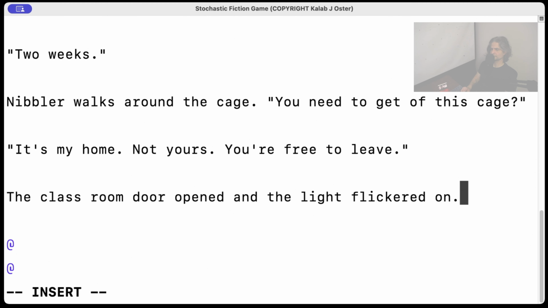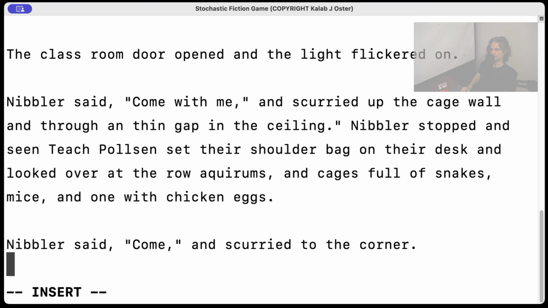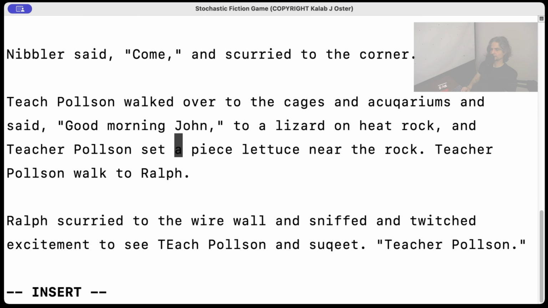The classroom door opened, and light flickered on. Nibbler said, "Come with me," and scurried up the cage wall through the thin gap in the ceiling. Nibbler stopped and, seeing Teacher Polson set their shoulder bag on their desk, looked over at the row of aquariums and cages full of snakes, mice, and one with chicken eggs. Nibbler said, "Come," and scurried to the corner.